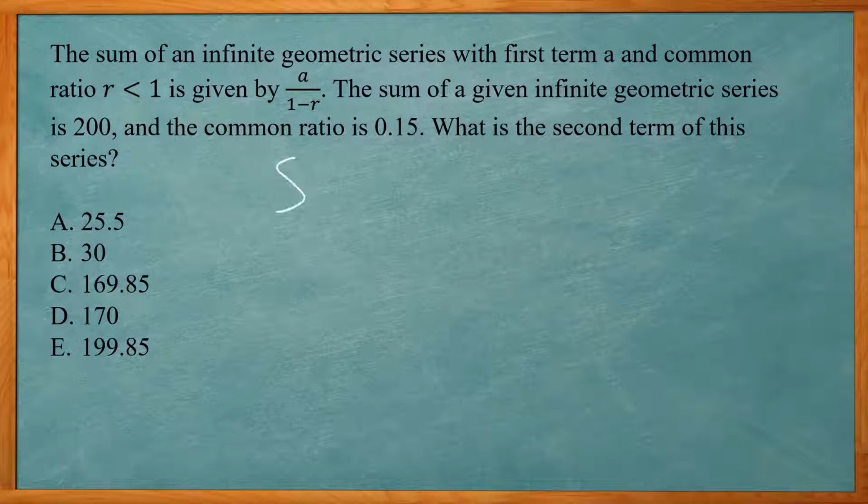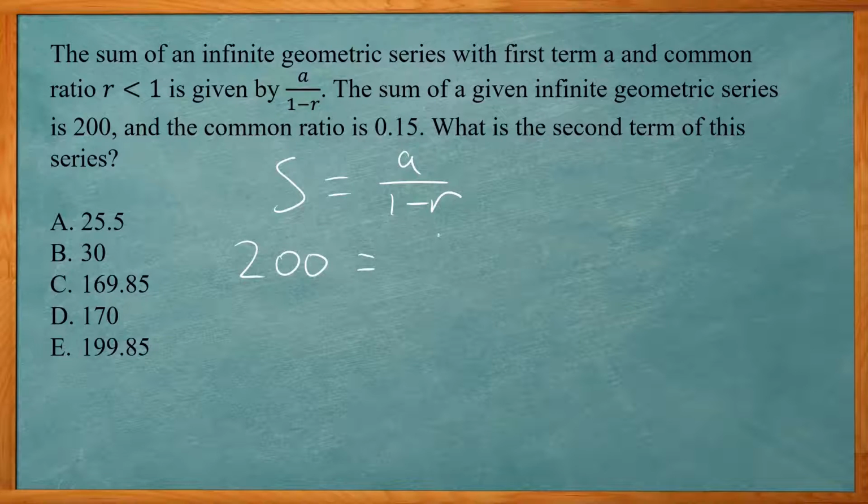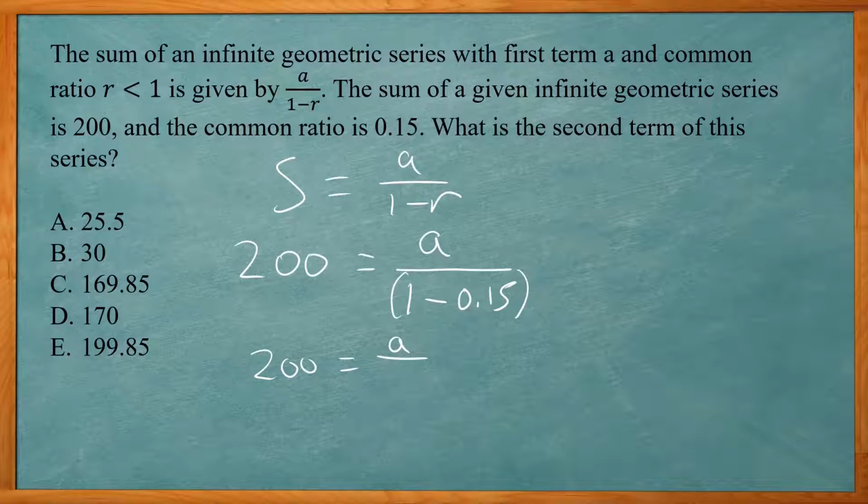Okay, so we need to use our formula. We said that was S equal to a over 1 minus r. The sum was 200. Then we have our a, and then 1 minus 0.15. So that's 200 equals a over 0.85. Multiply both sides by 0.85.